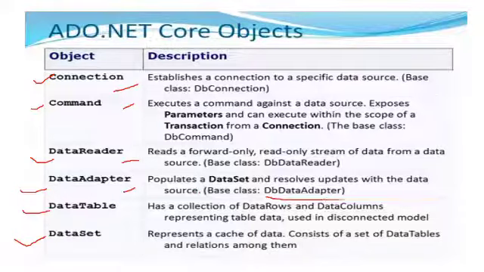The base is DbAdapter. A data table has a collection of rows and columns, replacing a table, and the dataset replaces cached data. So this is not permanently saved or permanently displayed inside the program, but it is available.